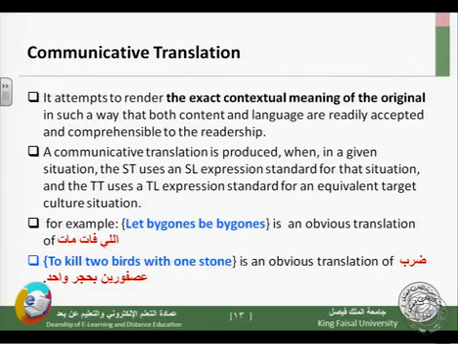Now look at another example: "ضرب عصفورين بحجر واحد." Again, there is an equivalent to it in English: to kill two birds with one stone. Okay?